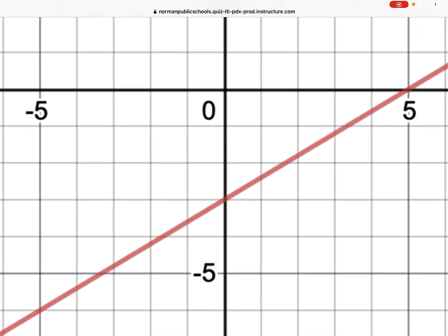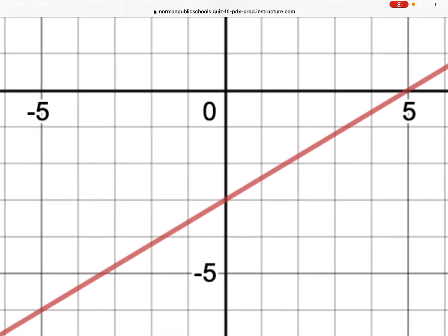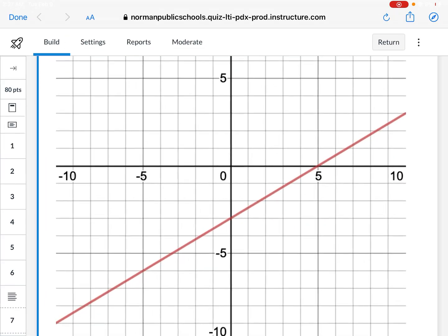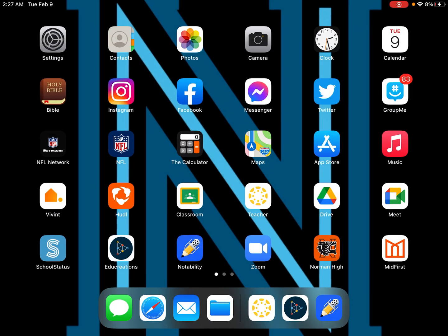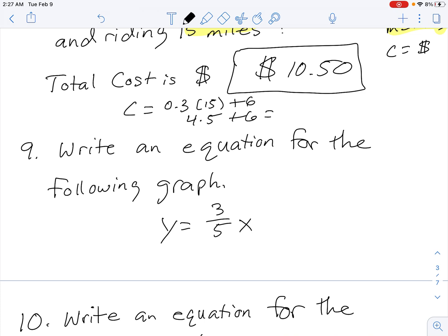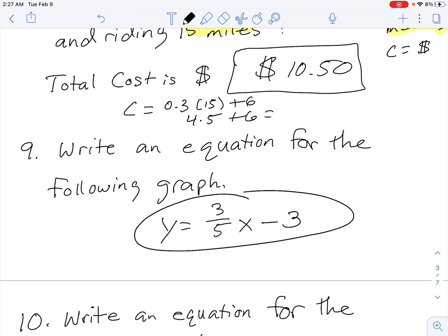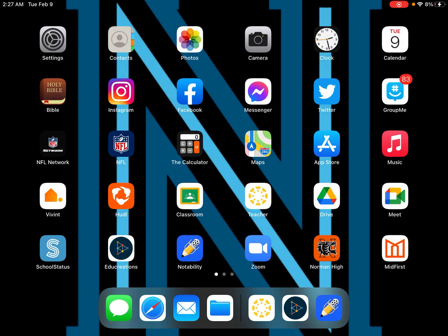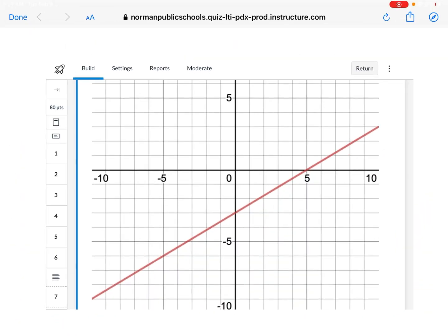And then we go back to our y-intercept. If you count down from the middle, it is -3. So that would be our answer: y equals 3 over 5x minus 3.